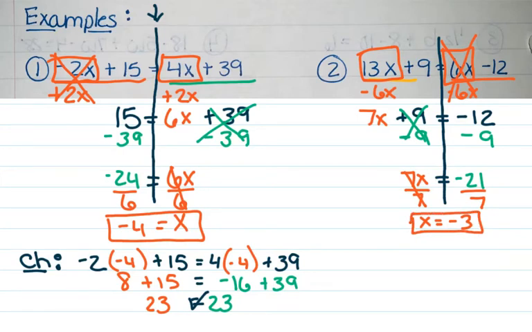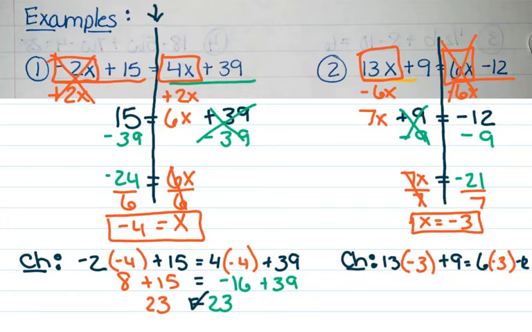Okay, we need to check our answer. So I have 13 times negative 3 plus 9 equals 6 times negative 3 minus 12. 13 times a negative 3, you might need to use your calculator if you're not sure what that is.